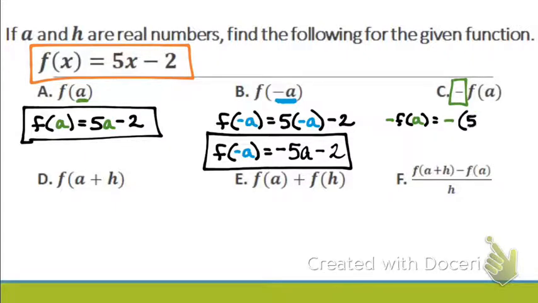So negative 5a minus 2. And then I'm going to distribute my negative sign here. So negative f of a is equal to negative 5a plus 2.